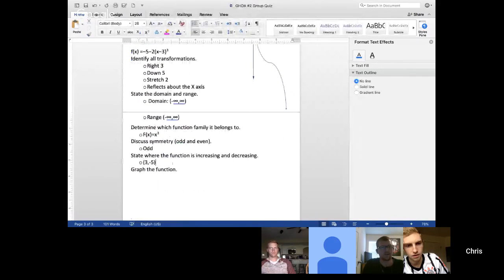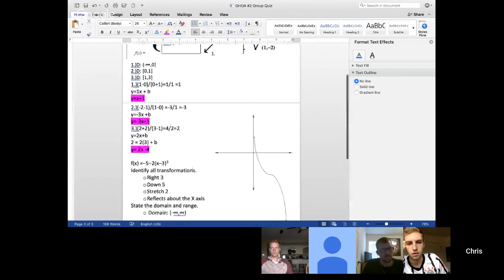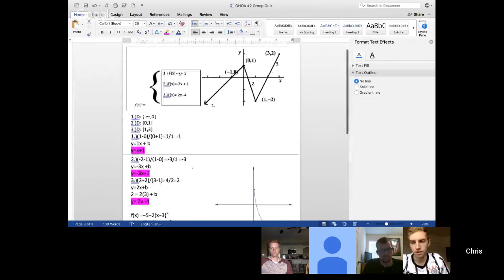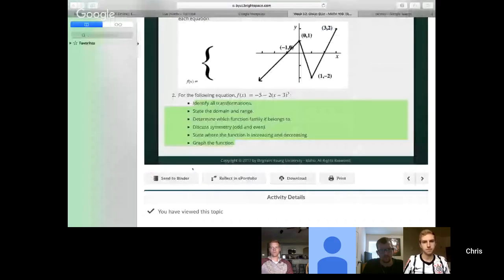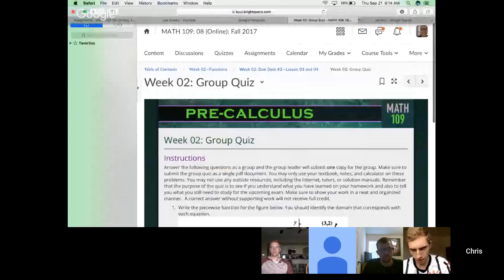Before that would be increasing, and after is decreasing. Okay. So I think that should be it. Yep, that looks good to me. Okay. Good enough for government work.